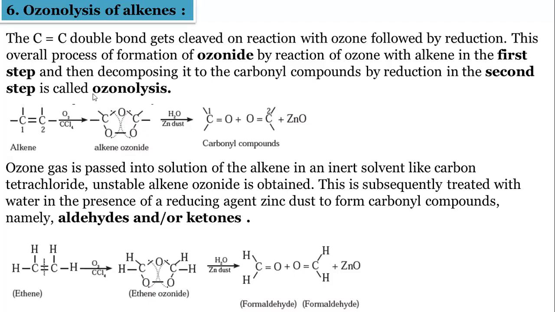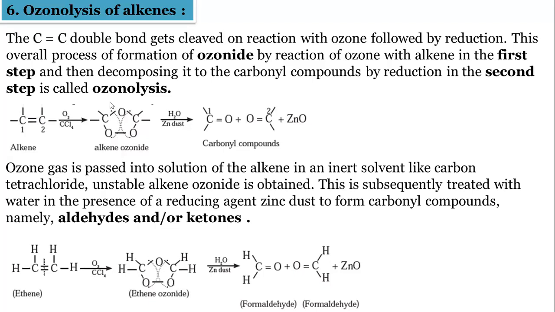When regular college starts, I will explain it again on the board, but try to understand it in online mode. It is very difficult to explain how these oxygens are added. O3 means three oxygens; it is ozone.